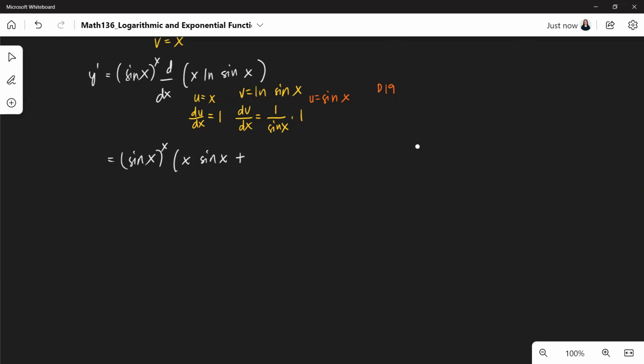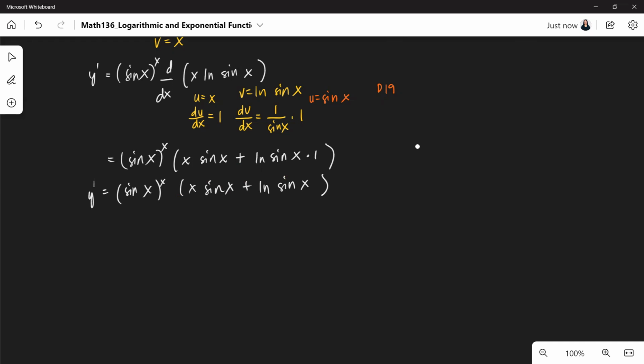And then for the second term of the result, you copy the second function, ln of sine of x, and multiply it with the derivative of the first function. The derivative of x is 1, so you just get rid of the 1 multiplied to ln sine of x. So it's x over sine x plus ln sine x. So this is the final answer.